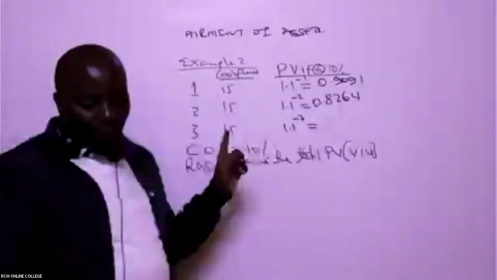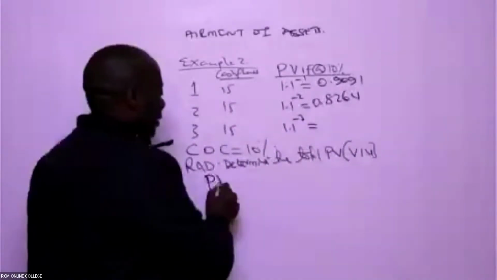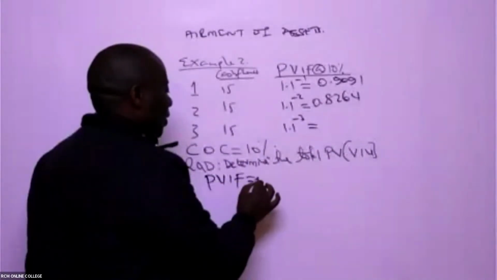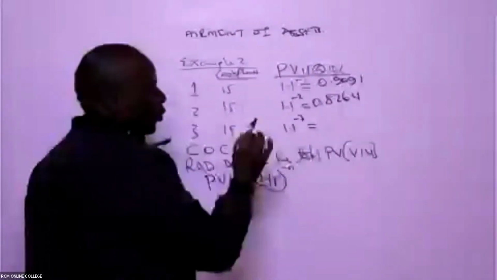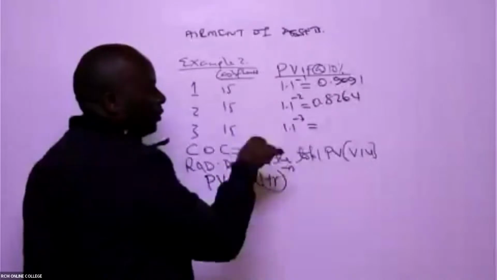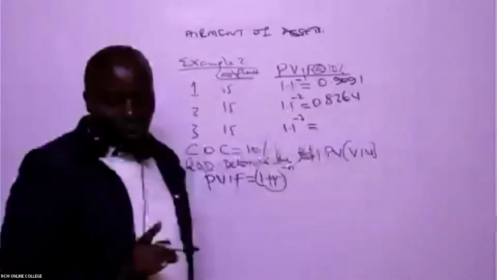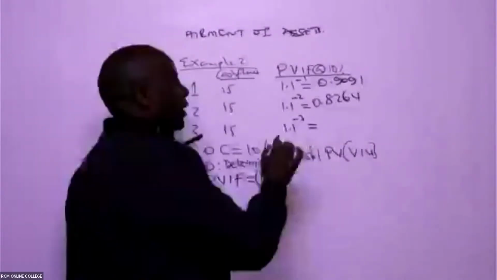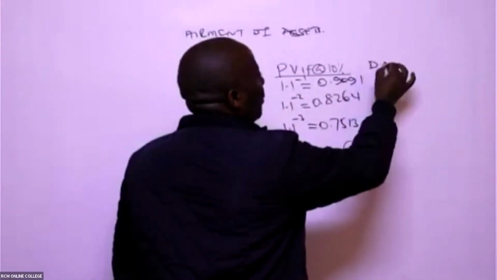We're using PVIF. PVIF is 1 plus R raised to -n. So 1.1 raised to -3, the same PVIFs that we got. So the third one should be 0.7513.